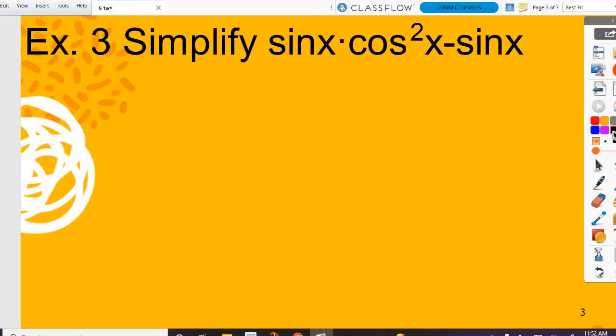So what does it mean to simplify something? Reduce. Okay, what does it mean to reduce something? Basically, having a simple form. Okay, in simplest form. So in this case, what would make that expression simpler?